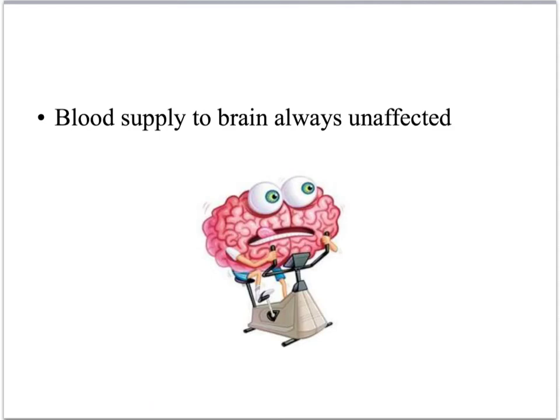Overall, remember all of these processes that are happening with your heart, your blood vessels, they're trying to maintain the blood flow to the brain at a normal, steady level. We've talked about vasodilation to muscles, we've talked about vasoconstriction to GI tracts, that sort of thing, but your body will never vasoconstrict anything going to the brain.